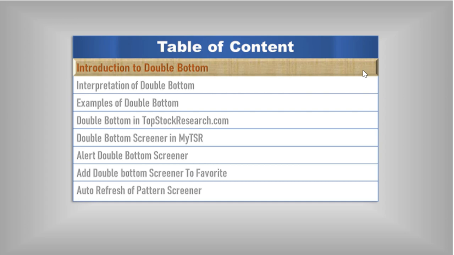Now, auto refresh is a feature of TopStockResearch, wherein once you set the screener to auto refresh, it will refresh every 5 minutes, and you don't have to press the button, and the refresh also happens with a beep. We'll go through the entire process in a short while.